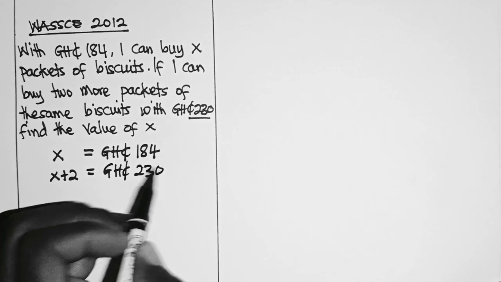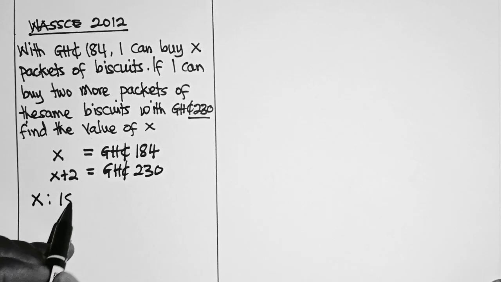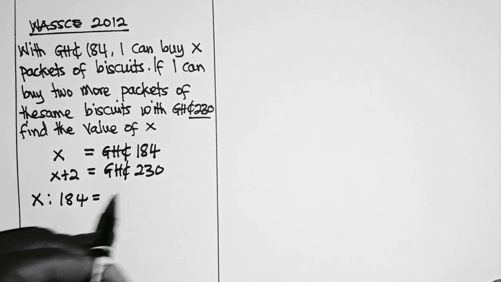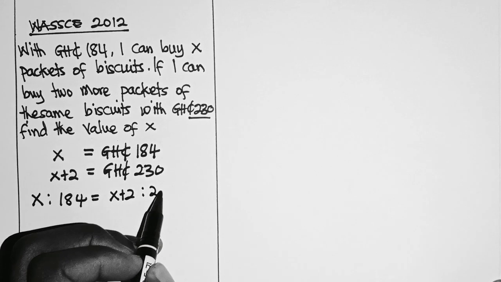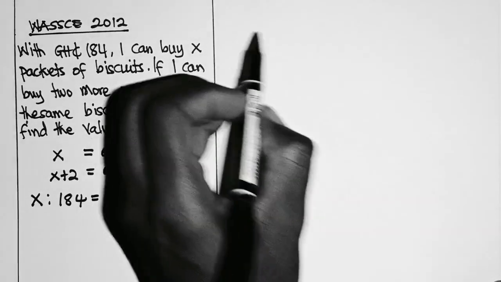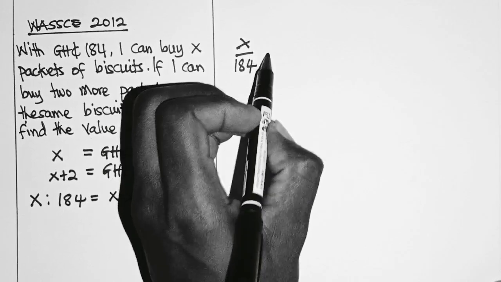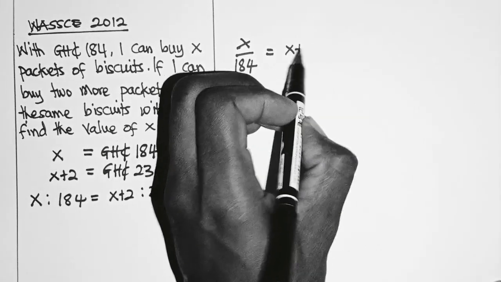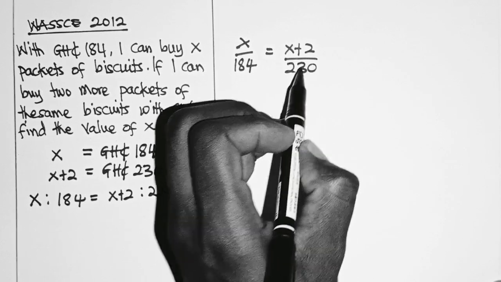That is equal to 230 Ghana cedis. So what this means is that x is to 184 is equal to x plus 2 is to 230. So now this means x divided by 184 is equal to (x plus 2) divided by 230.